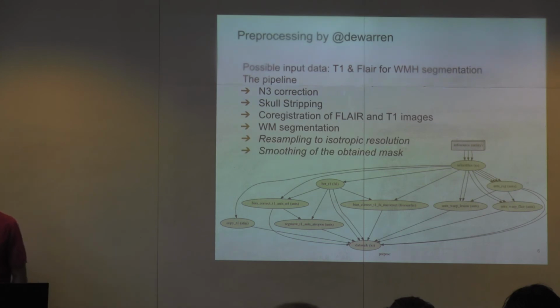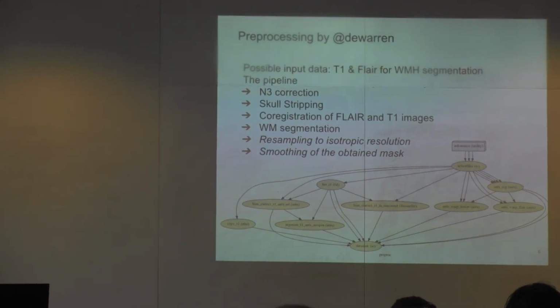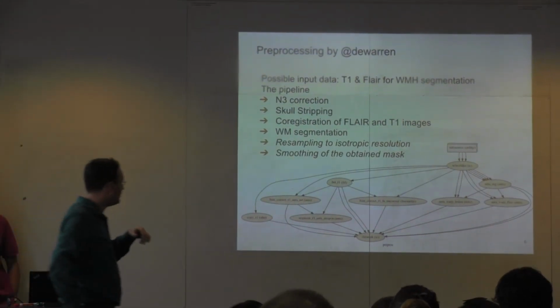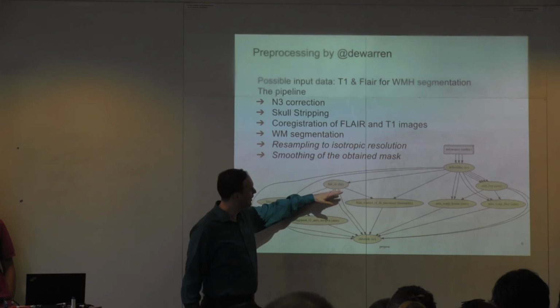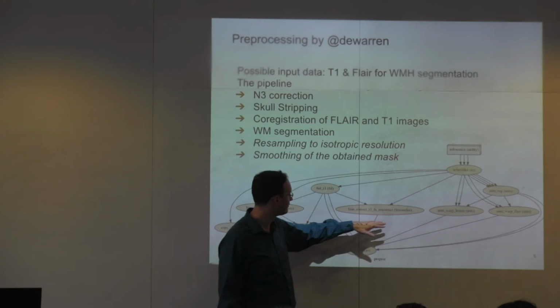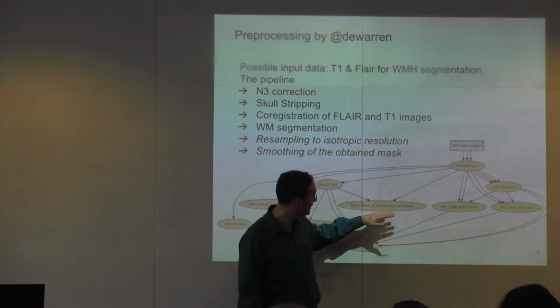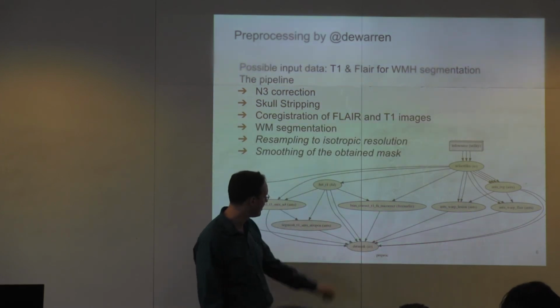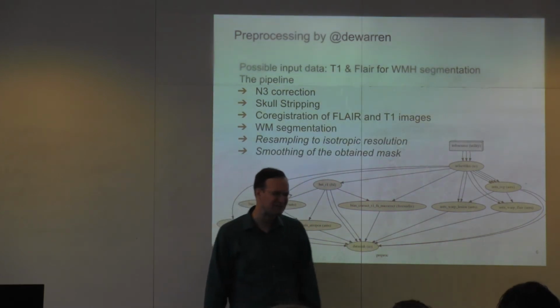So, pre-processing. Sure, I fiddled around a little bit with Nipype before I got here, but this was a great reminder. It was a terrific opportunity to try out some of the workflow opportunities that Nipype provides. We put together a pre-processing pipeline that leverages BET for skull stripping, ANTs for mutual information-based co-registration of T1 and FLAIR, bias correction from NuCorrect from FreeSurfer, N4 bias correction from ANTs, tissue segmentation from ANTs, et cetera.